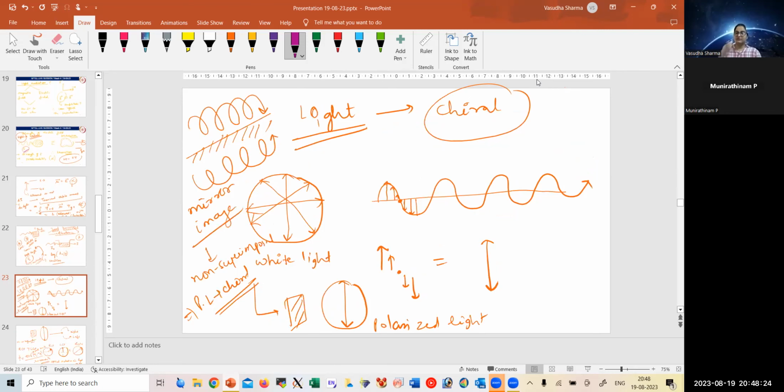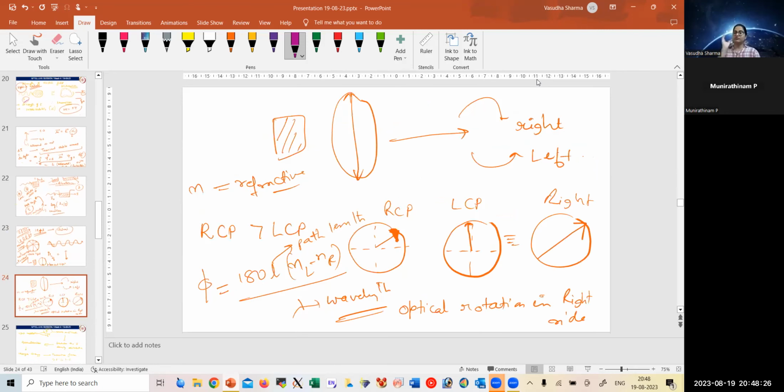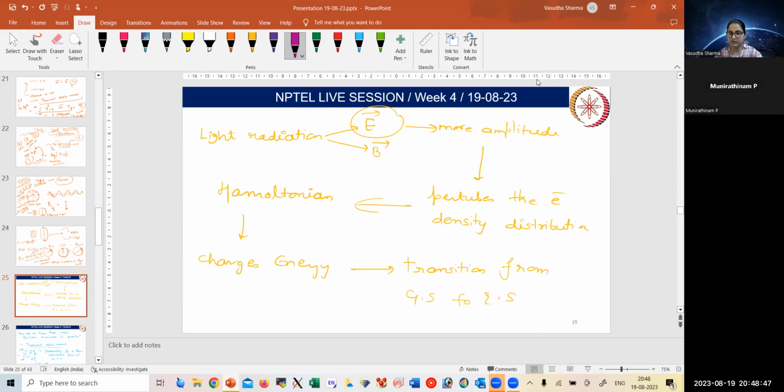That we discussed, and then we talked about white light, how to convert white light into plane polarized light, and how it affects a molecule, because plane polarized light is chiral. So whenever we have a molecule and we need to detect whether it is chiral or not, if it rotates your plane polarized light either in the right direction or in the left direction, that means your molecule is chiral. So this is what we understood, and this is what we covered.